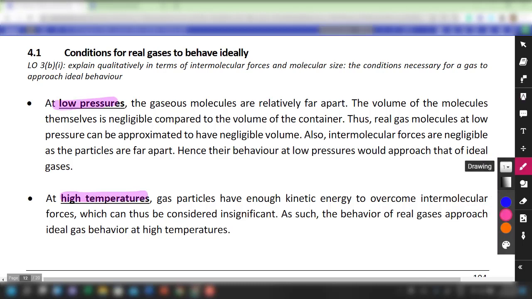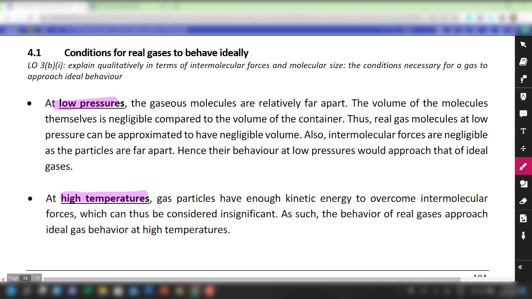The reason why low pressure is one of the conditions is that at low pressure the gas particles tend to be far apart. Because they are far apart, their intermolecular forces of attraction can be negligible.